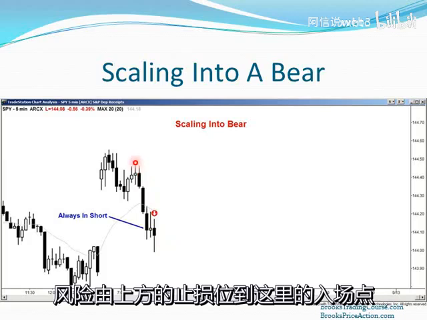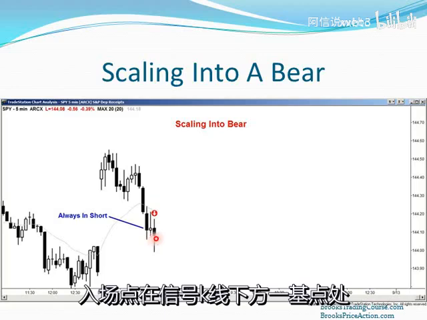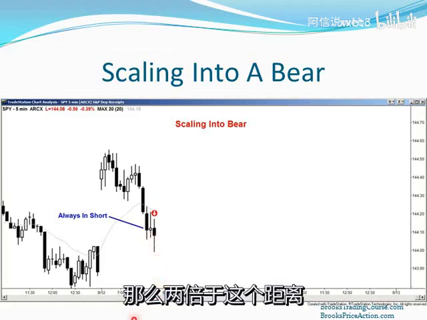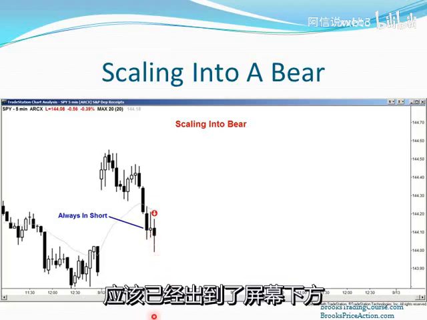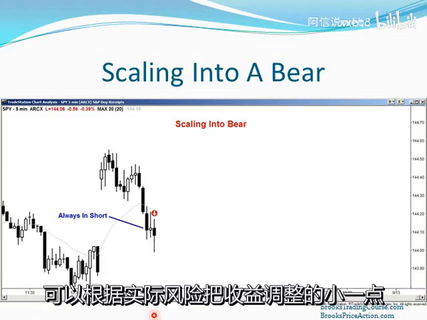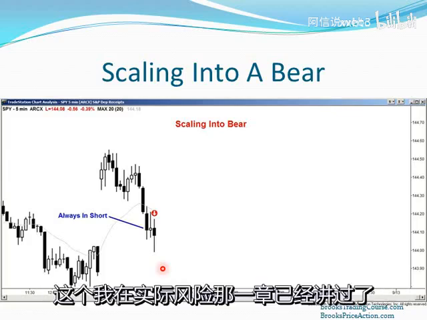So your risk is from the stop to your entry price, 1 tick below the signal bar. You entered right here. And then a measured move down to twice that distance, which is well below the bottom of the screen. You could convert the trade into a smaller profit based upon actual risk after entering.